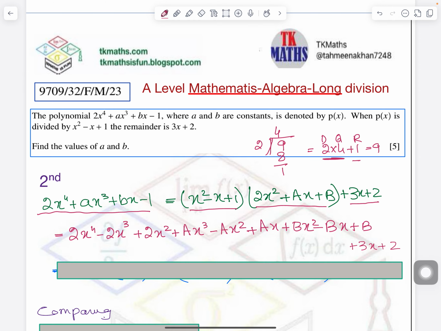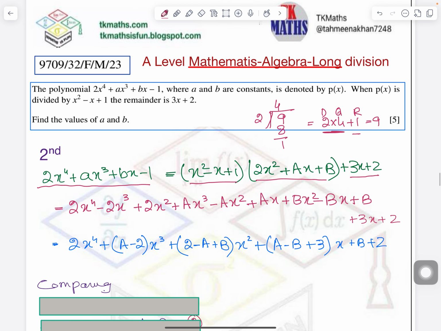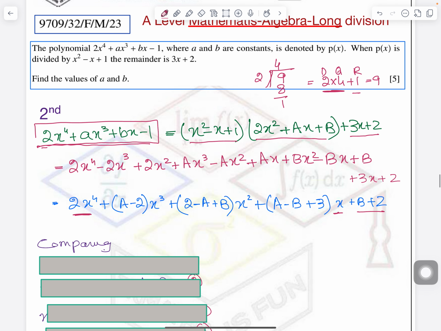And after that, I will combine the like terms. So in this way, I got the coefficient of x cube, coefficient of x square, coefficient of x and the constant. Now I will compare them with this, right? So the coefficient of x power 4 is 2, no need to compare. The rest I will start comparing.